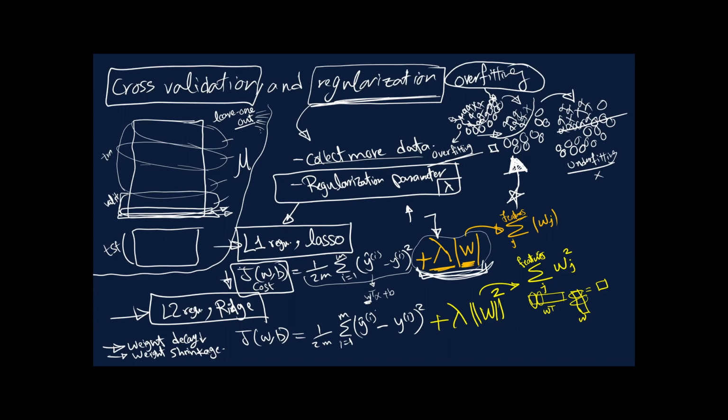Remember, we need to make this minimum, as close to zero as possible. So when we increase lambda, this decreases the weights to make this term small. Is this clear?